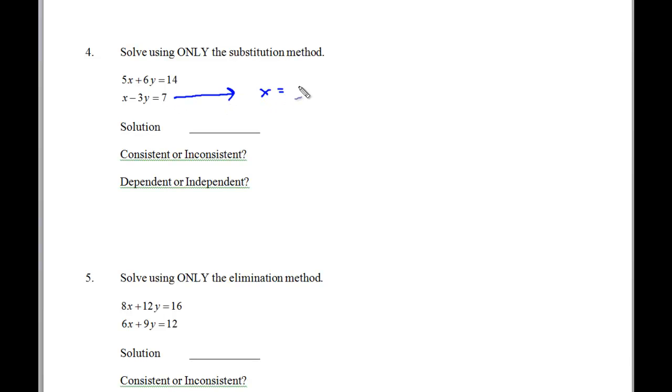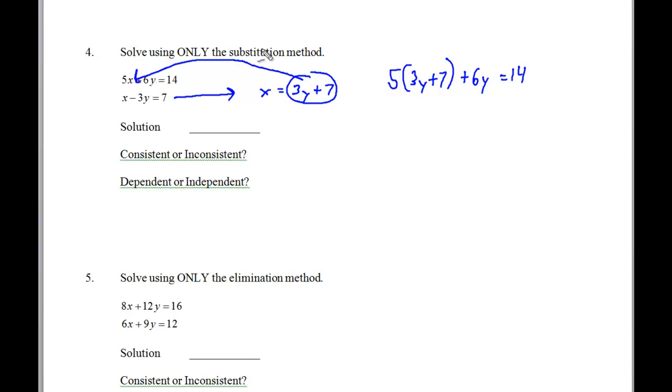We can say x is equal to 3y plus 7, and then take that 3y plus 7 and plug it in for the x. So what this gives me is 5 times 3y plus 7 plus 6y equals 14. Now again, you could have solved this problem using the elimination method, but since I'm sticking with what the problem is telling me to do, I'm going to choose to do it this way.